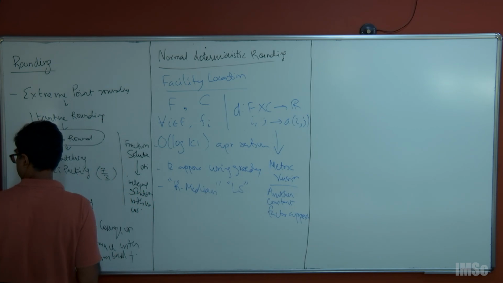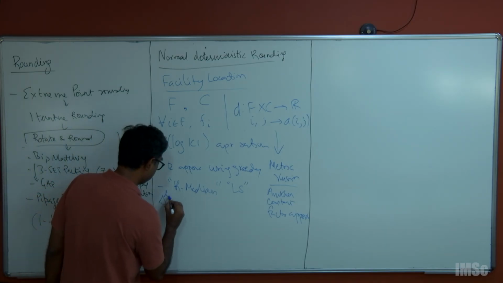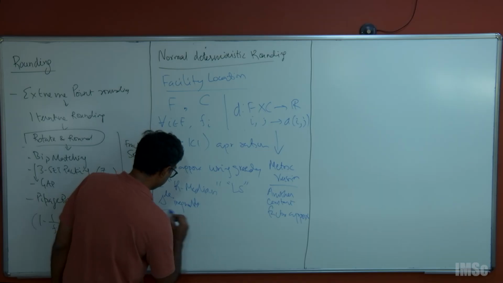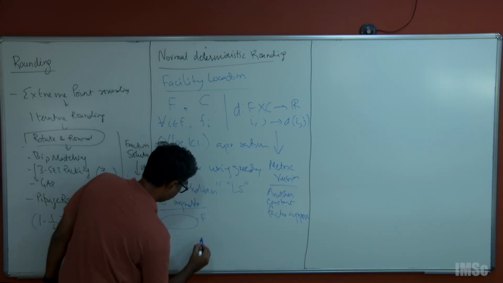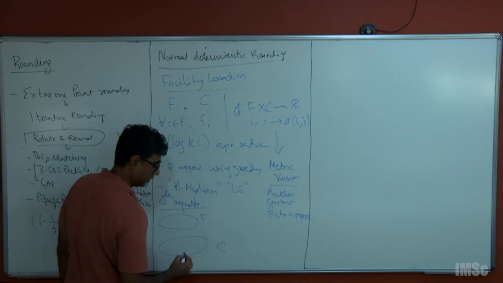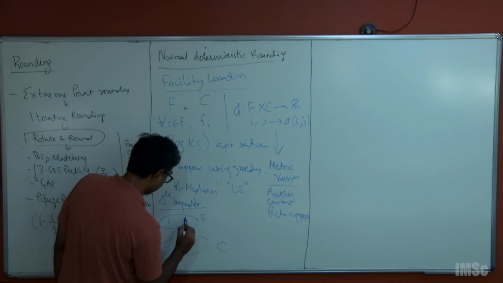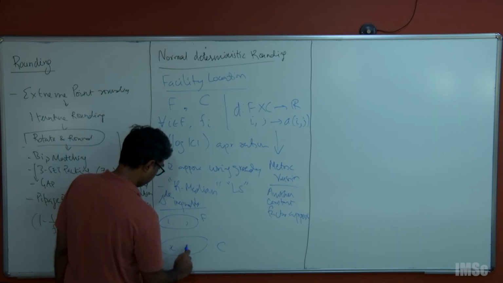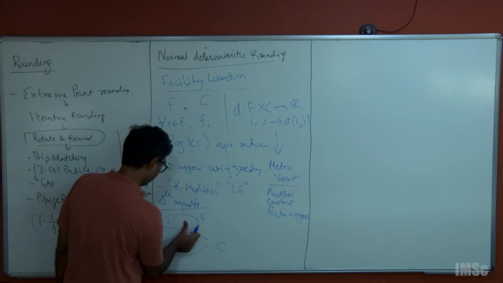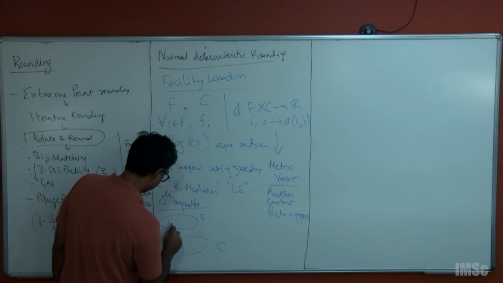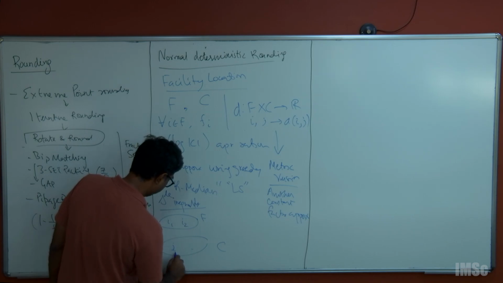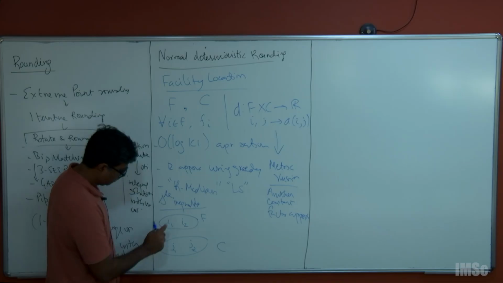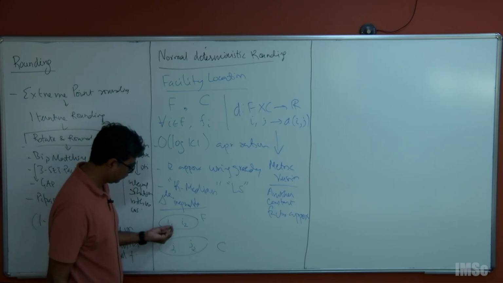What is the meaning of triangle inequality here? Do you remember? Imagine I have a bipartite graph with facilities F and customers C, with facilities i1, i2 and customers j1, j2, and I want to go from j2 to i1.